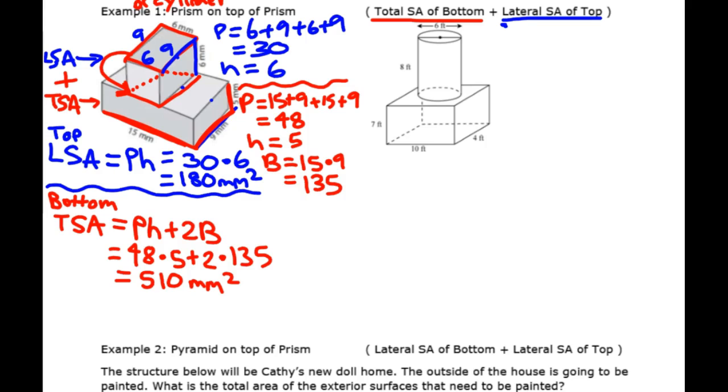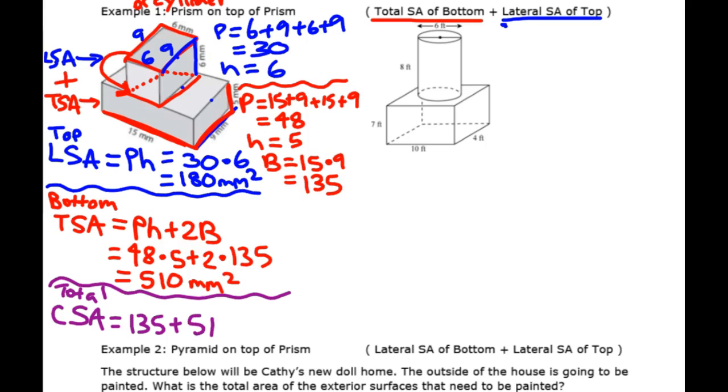Now, you can call it a total, or you can call it the C word that we started this page with, composite. So total, or CSA. Does everyone understand? C is composite. So the composite surface area is 135 plus 510.